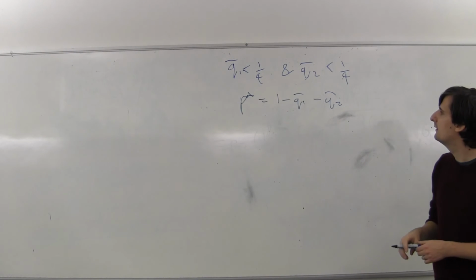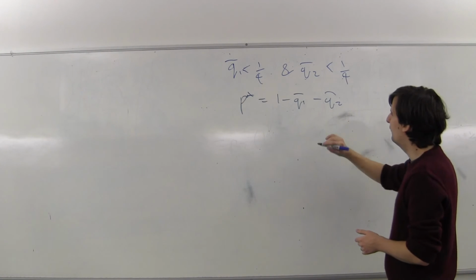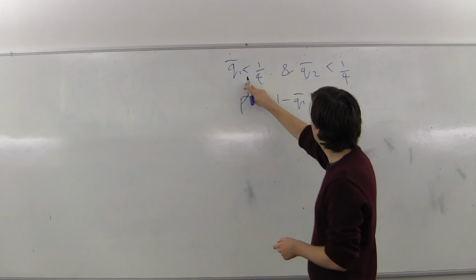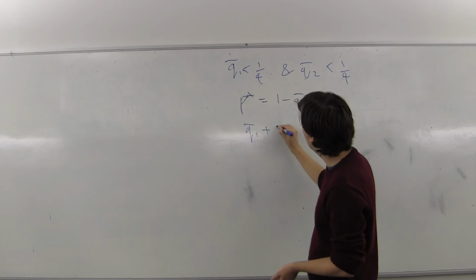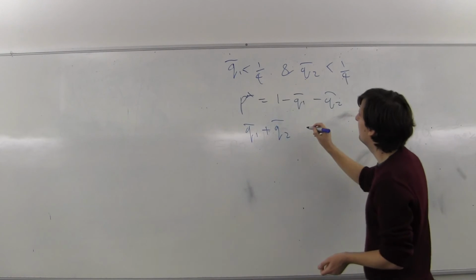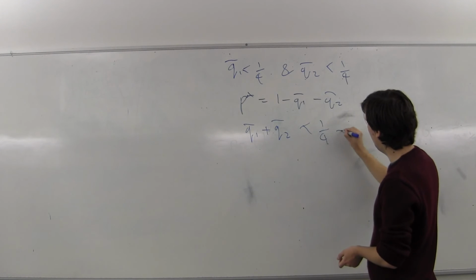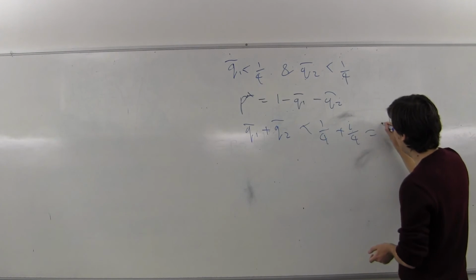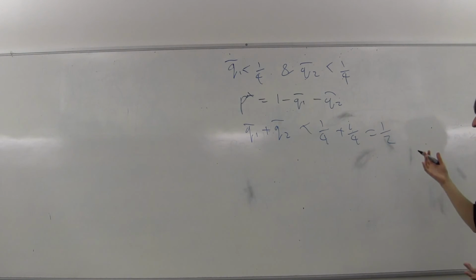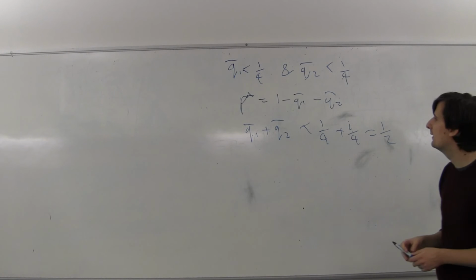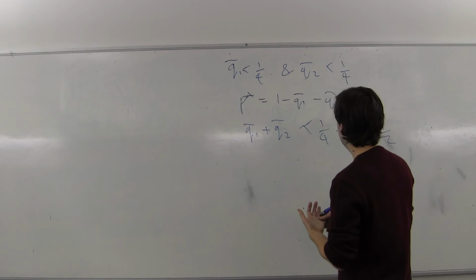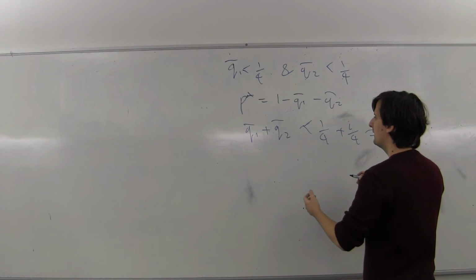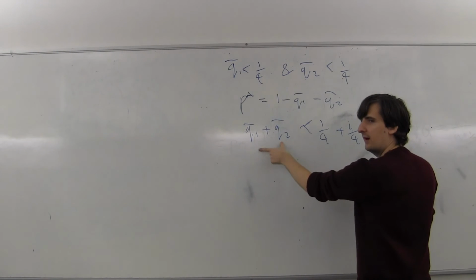Okay, so let's prove this formally. Q1 bar is less than a quarter and Q2 bar is less than a quarter. Then Q1 bar plus Q2 bar is less than a quarter plus a quarter, which is equal to a half. That makes sense? So let's subtract this from both sides.